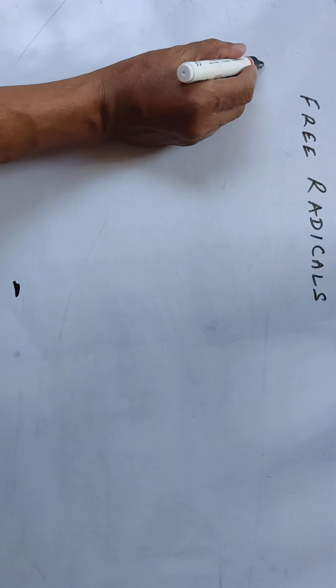So a free radical is a species containing one or more unpaired electrons, each with a magnetic moment and a spin quantum number.